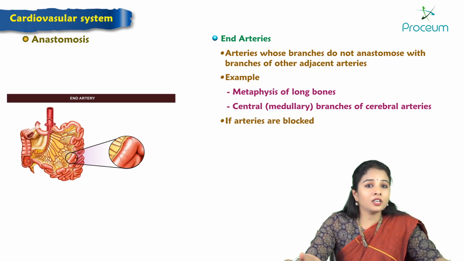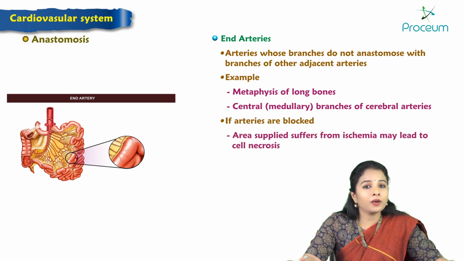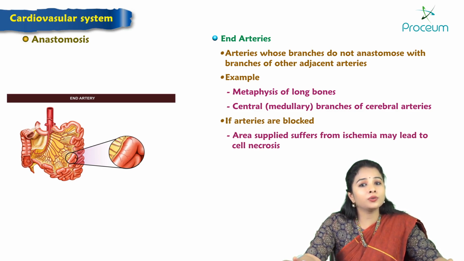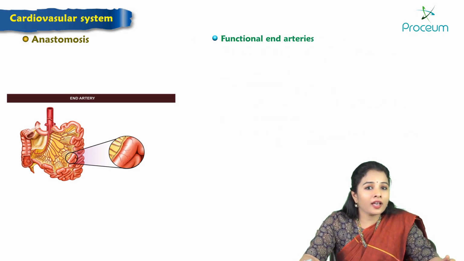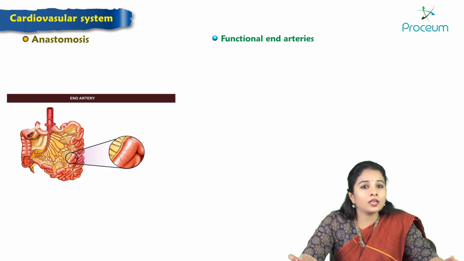If these arteries are blocked, the area supplied suffers from ischemia that may lead to cell necrosis, that is cell death. Functional end arteries means they have some communication but are not active all the time. They are not actual anatomical end arteries.